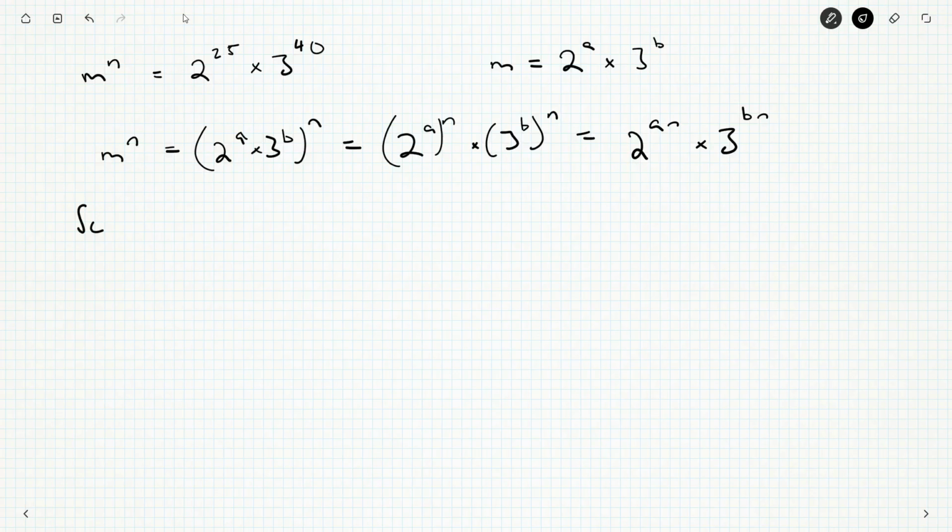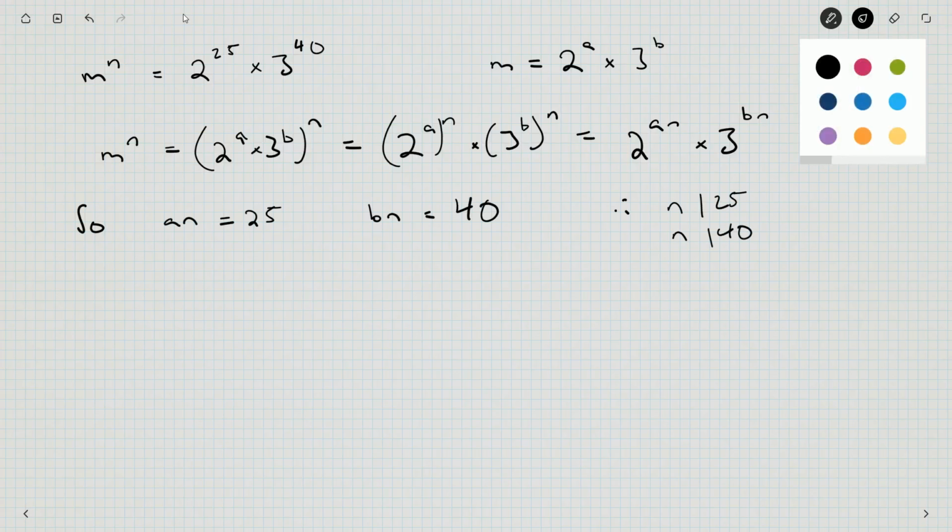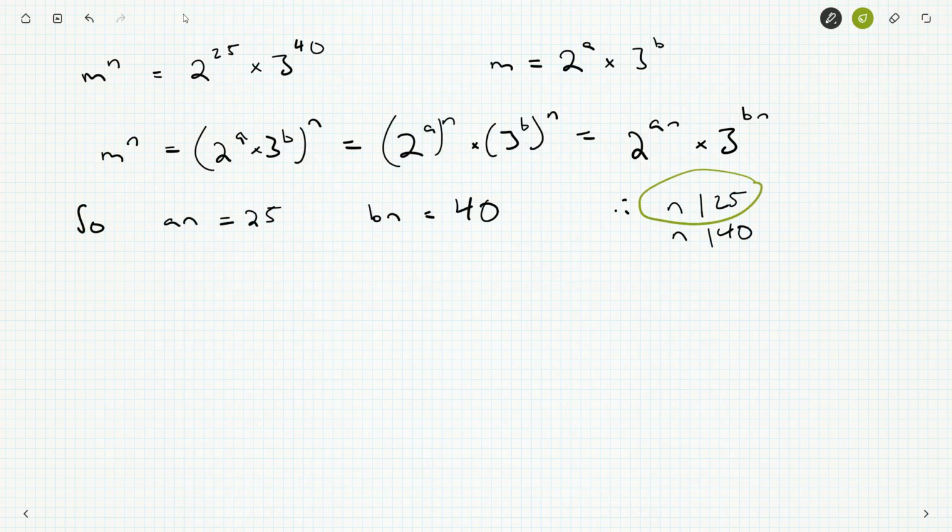So an is 25, bn is 40. Since these all have to be positive integers, I can see that n has to divide 25, and n also has to divide 40. Now, n having to be a factor of 25 tells us that we have some very particular possibilities for n, just because they're so small.